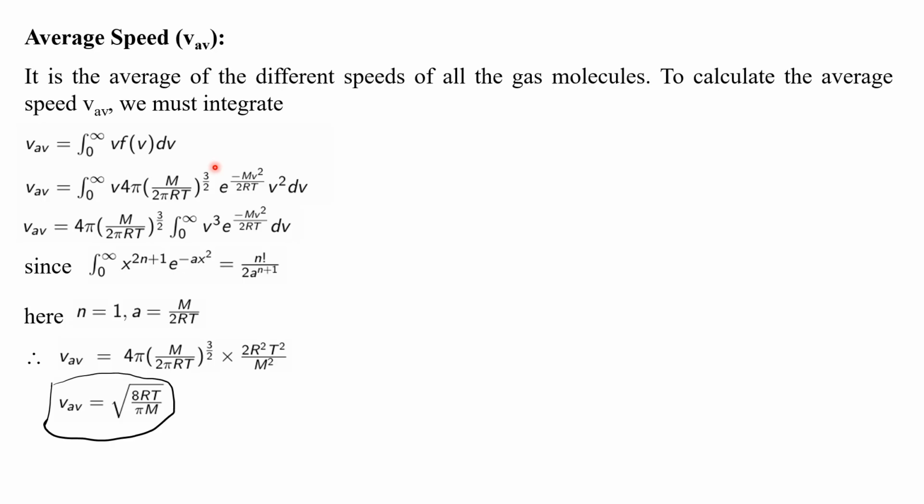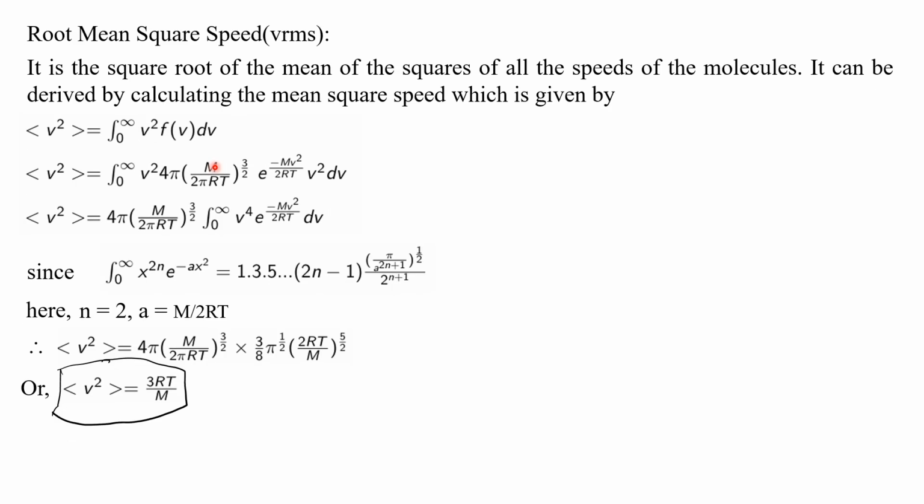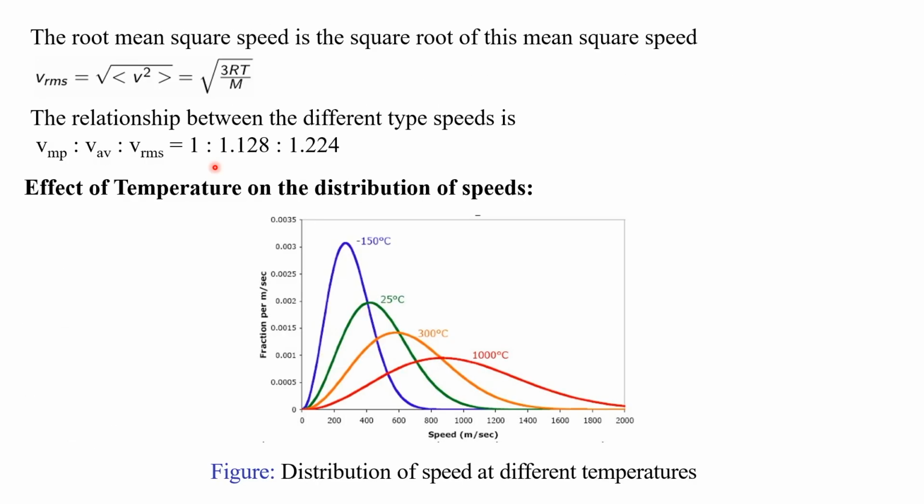So we get roughly root over 2.55 RT by M, and for this one we get root over 3RT by M. So VRMS value is the highest among these three, and if we take the ratio of them, VMP is to V average is to VRMS, we get 1 is to 1.128 is to 1.224.